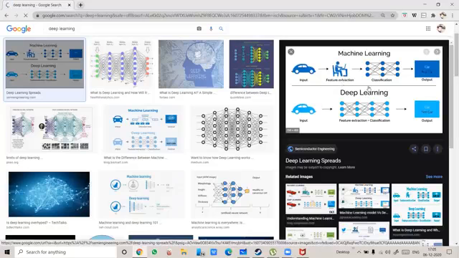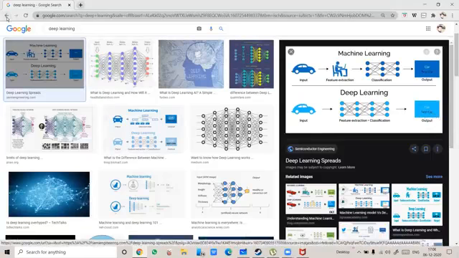Input, feature extraction, classification, car, not car, output. Then here again input, feature extraction and classification, they both are together. And here no human intervention has been included, and the output is either a car or not a car. So this is deep learning.